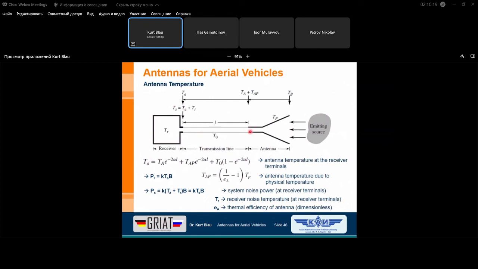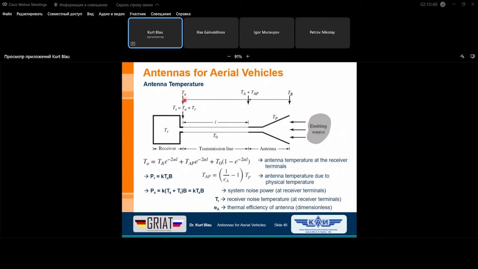The transmission line has losses, which in the plane of equivalent noise temperatures means that we have to describe the losses with a higher additional equivalent noise temperature, and this is given from this plane here to the input of our receiver.